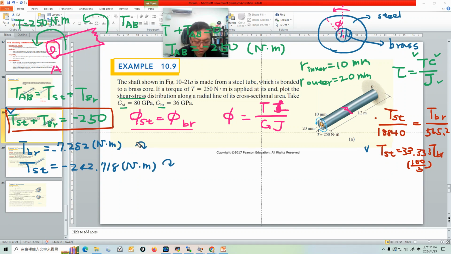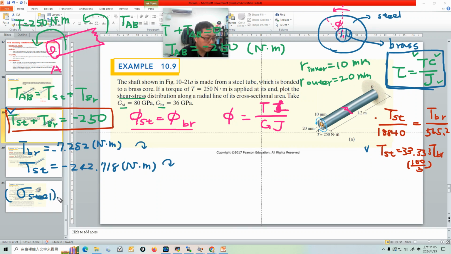Okay, so the next thing is, if we know the torque for each material, we can calculate the shear stress. Let's calculate the shear stress in the steel. We can calculate the maximum, which is at the outermost radius.